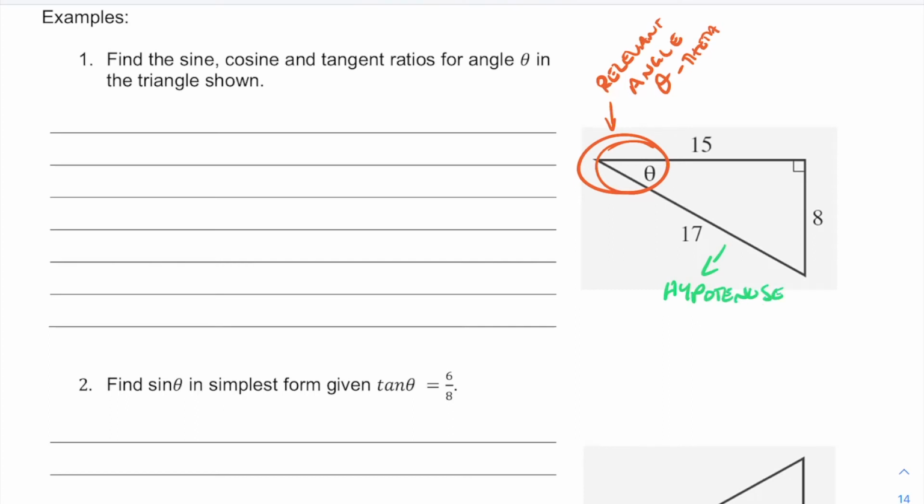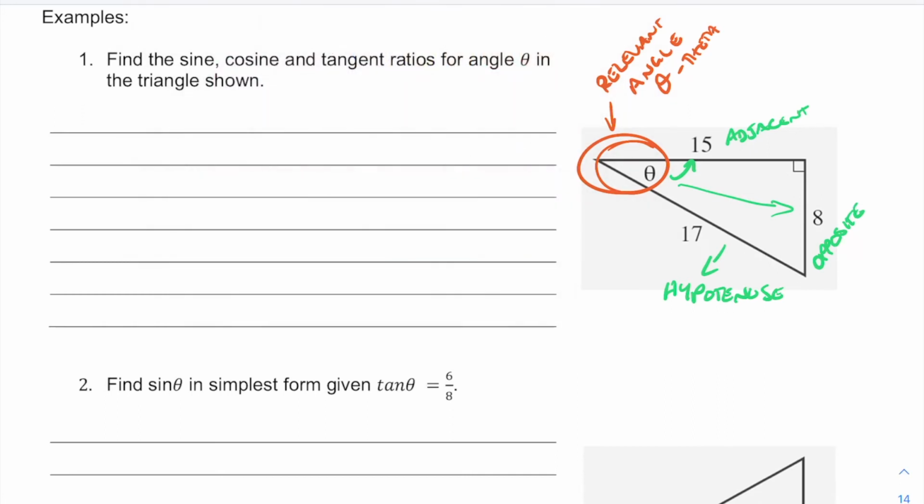Okay, so that makes this side over here the opposite side, which then leaves the remaining side to be the adjacent side. And that's what we're going to need to do as we're moving through these to determine what our ratios actually are.